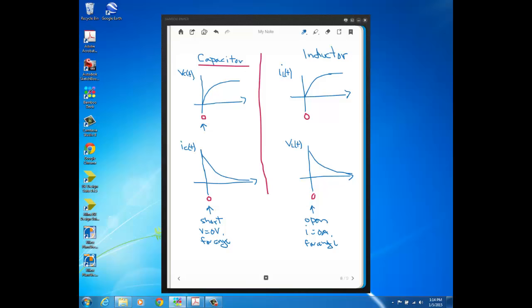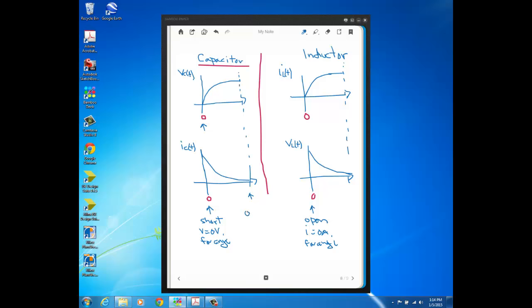Now the steady state condition is when you look at 5 time constants, when the voltage for the capacitor has reached its final value and the current for the inductor has reached its final value. Okay, so now if you look at this time, you can see that now the capacitor has a voltage across its plates and its current is 0.